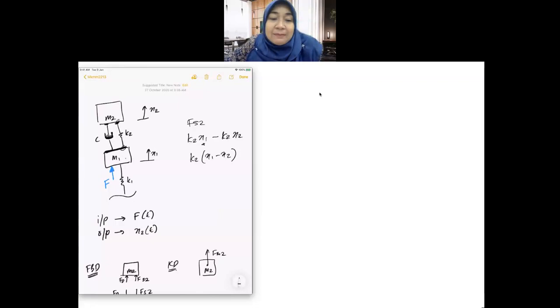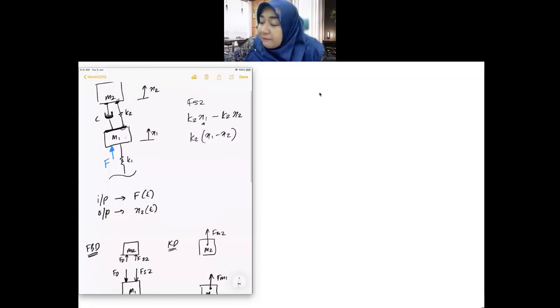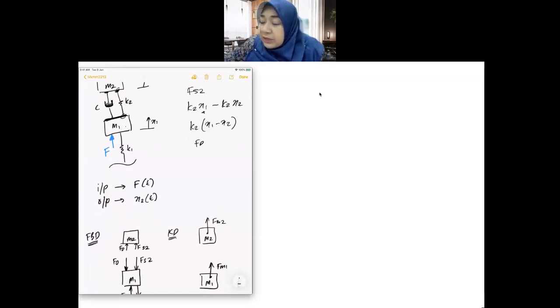So this is the same as your spring. So for the damper, the force F damper will be, if you remember, for a damper it is C dx over dt.